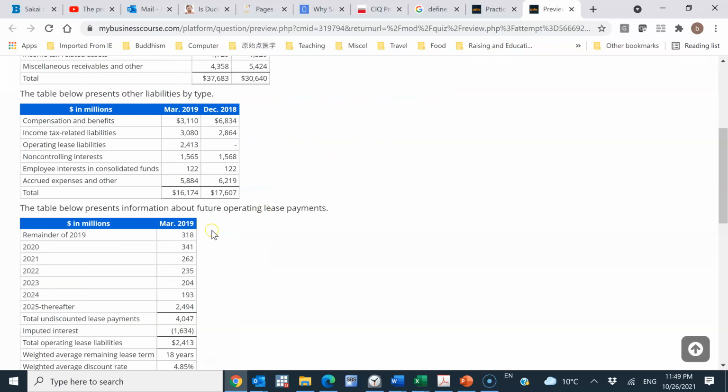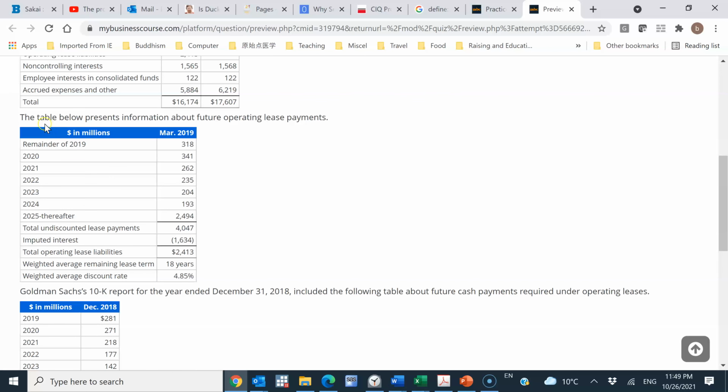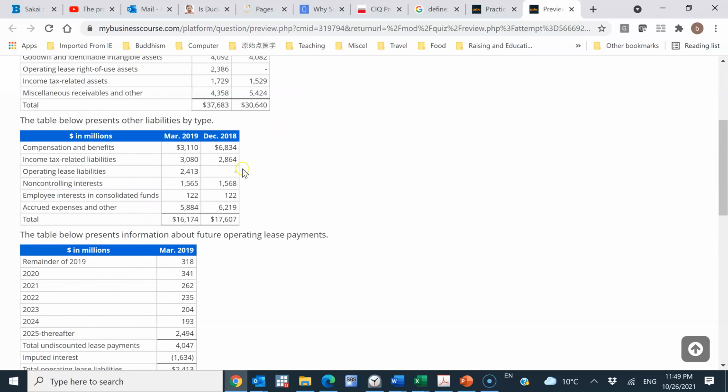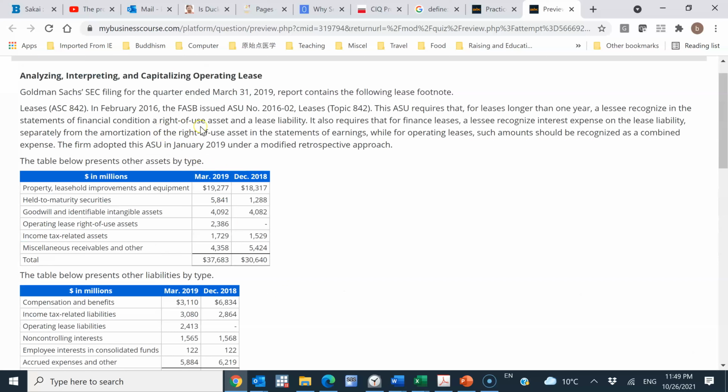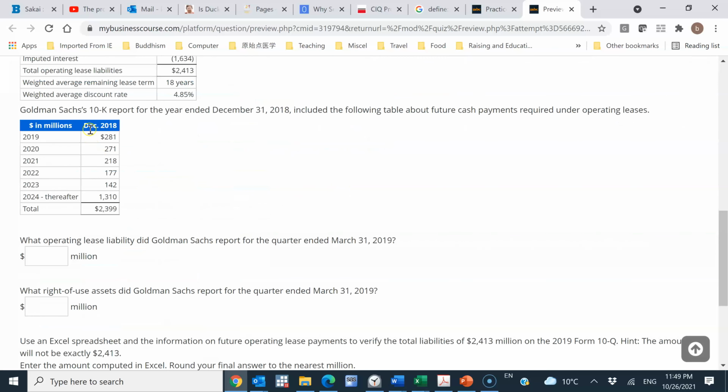Basically, I think we need to focus on this table. The table below presents information about future operating lease payments, for the end of March 2019, the quarterly data, and also from the 10K, the annual data.